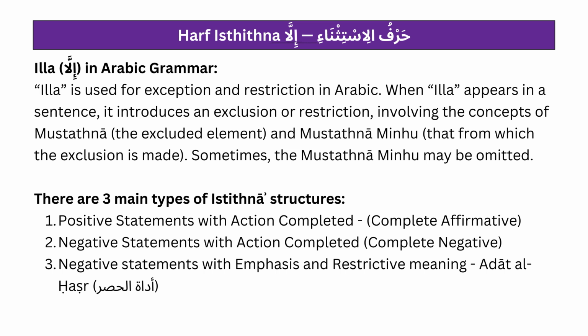Every time we see Illā, we ask, is this a real exception, istithna, where a member is removed from a mentioned group? Or is this restriction, hasr, where the meaning becomes only or nothing but? That is the foundation. In the next segments, we will go through Type 1, Type 2, and Type 3 with Quranic examples, step by step, so this becomes easy and natural, insha'Allah.